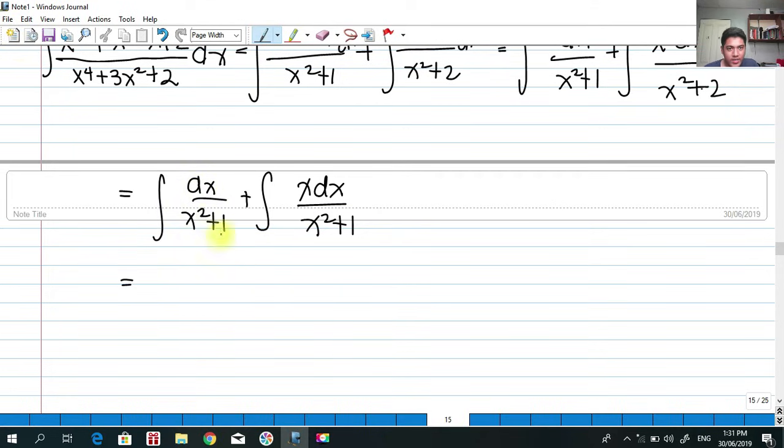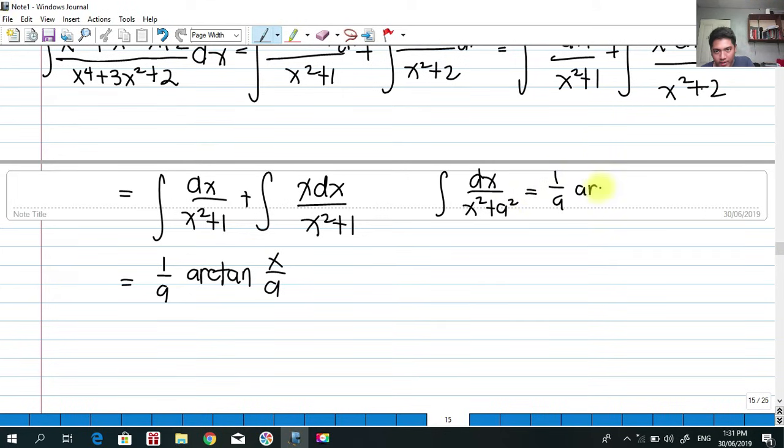In this case, this is an arctan. If we get the integral of dx over x squared plus a squared, where a is the value of the constant, it should be equal to 1 over a arctan of x over a.